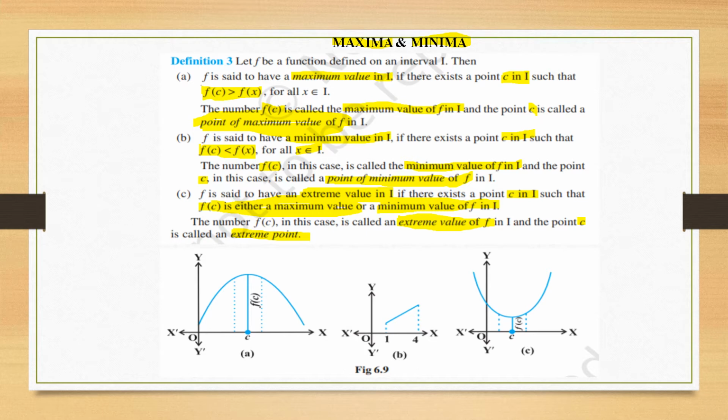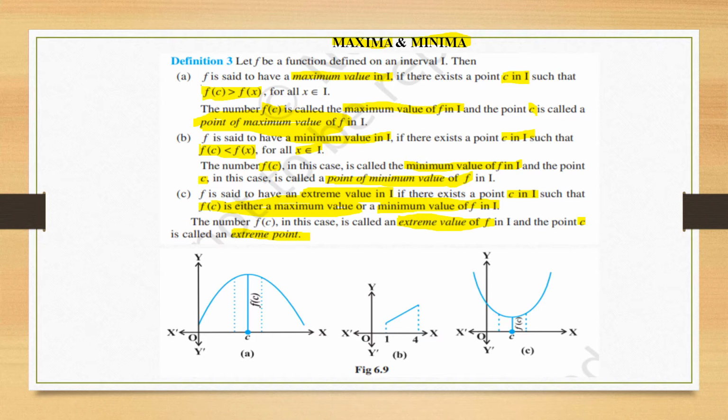Now, let us see how these three figures depict this. This is a curve in which you see f(C), as we have already discussed in Rolle's theorem, a point at which f(C) is here.